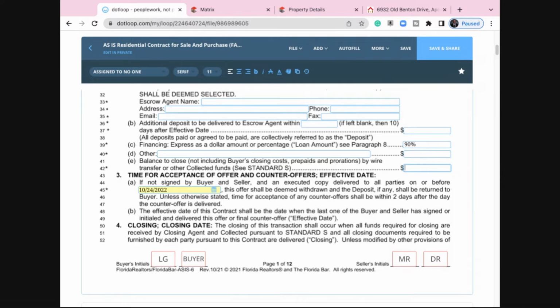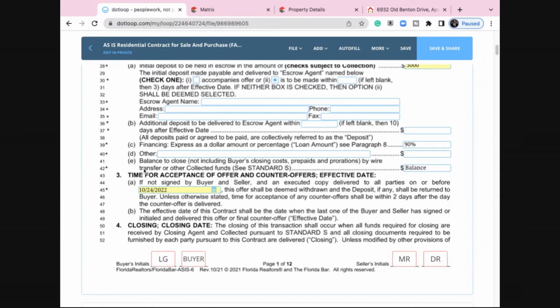Okay. All right. Now, a lot of us put balance here, which, let's spell it right. It says that the balance to close, not including buyer's closing costs, prepaids, and prorations, by wire transfer or other collectible funds shall be this amount.